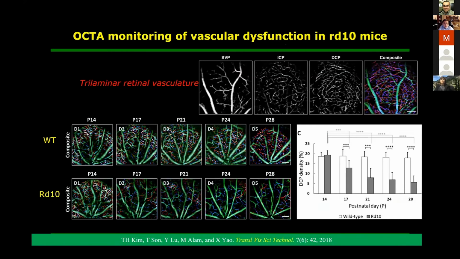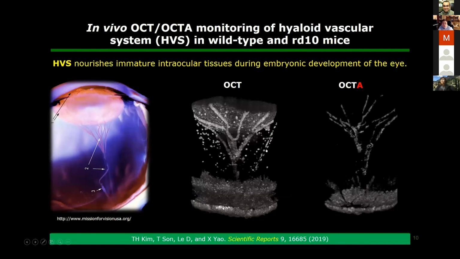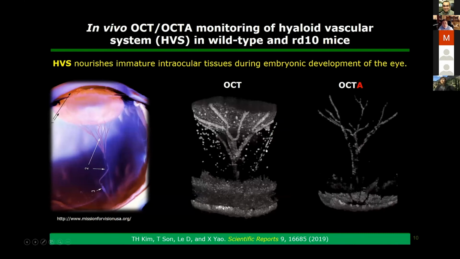We are also using animal models to understand retinal neurovascular complement defects correlated with eye disease. In the rd10 photoreceptor degeneration mouse model, we can see the vascular defect occurs, correlated with photoreceptor degeneration over time. We can also use OCT and OCTA to study eye development.